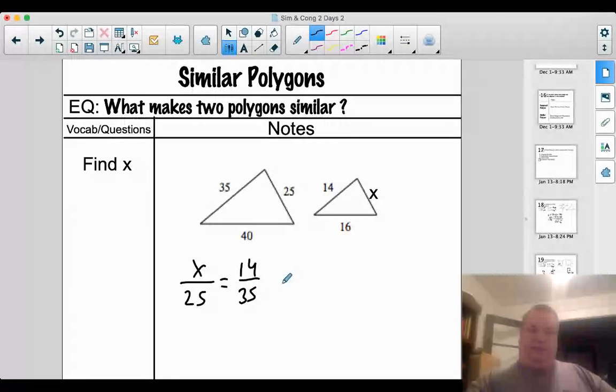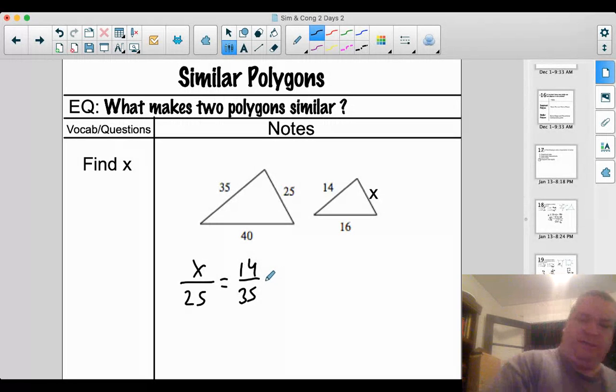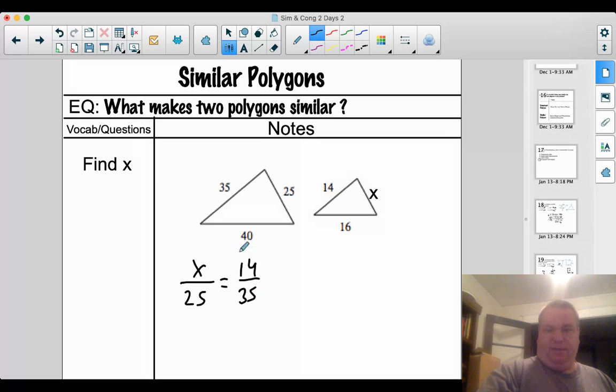All right, so if I solve this, let's try reducing. Okay, this isn't really something we've done before, but you might notice with 14 and 35, they're both multiples of 7. So I could actually reduce this ratio here. If I divide by 7, I get 2 on top and 5 on bottom.